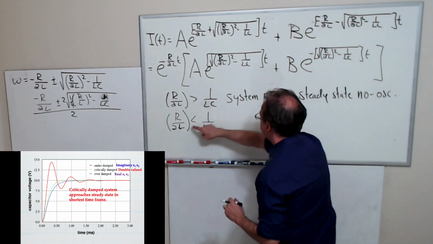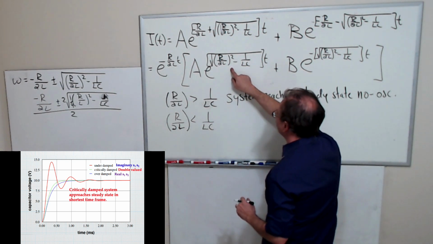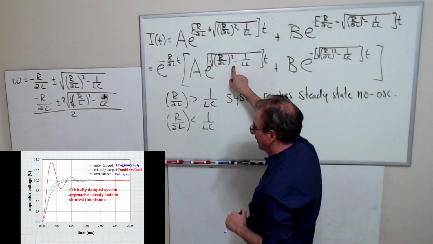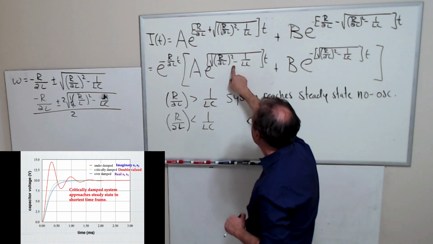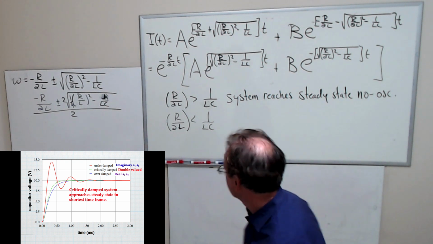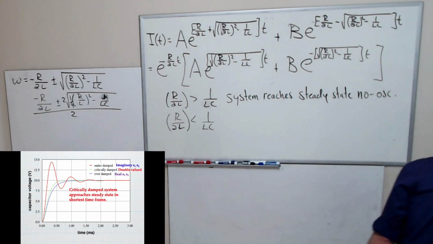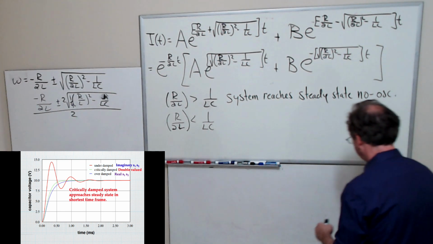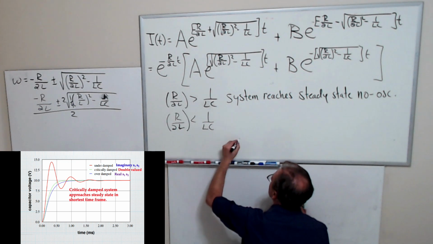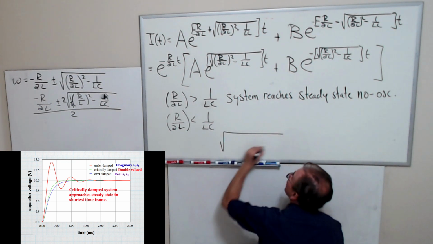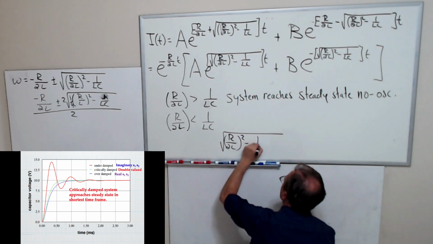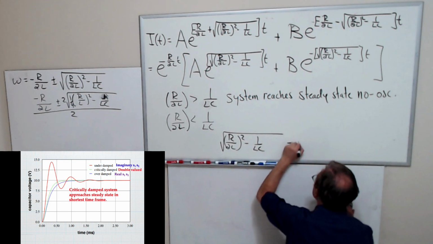Now, if this is less than this, then this radical is, oh, what do you do? Now what happens? I'm taking the square root of a negative number. I have to rewrite this. The square root of has to be written this way.